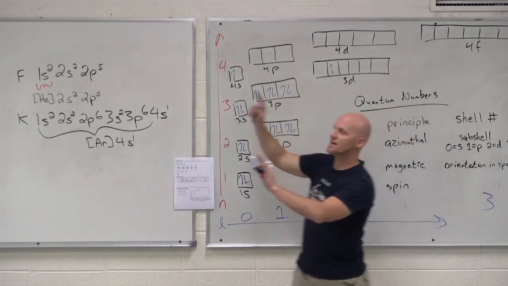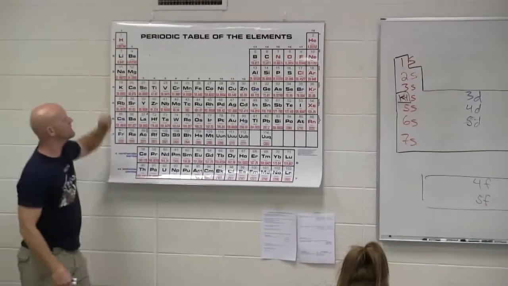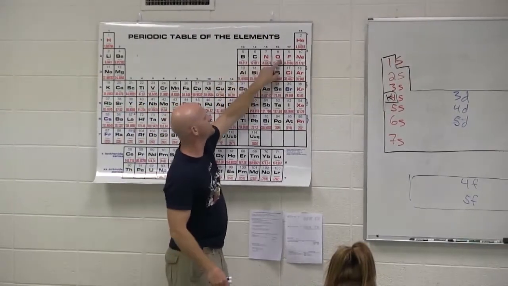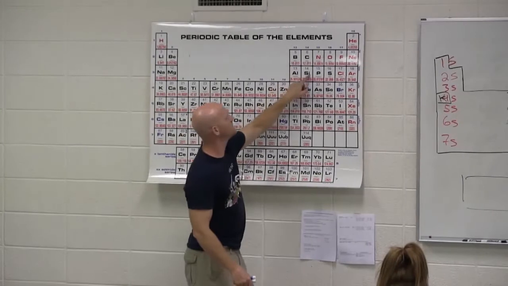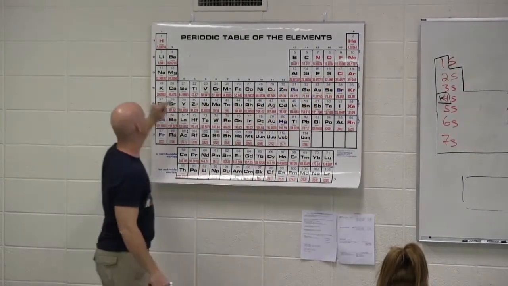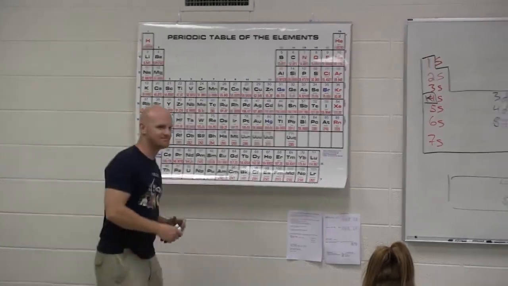But the way you recognize that off the periodic table is, again, hydrogen, helium, 1s2, 2s2, 2p, 1, 2, 3, 4, 5, 6, 3s2, 3p, 1, 2, 3, 4, 5, 6, 4s1 for potassium. Awesome.